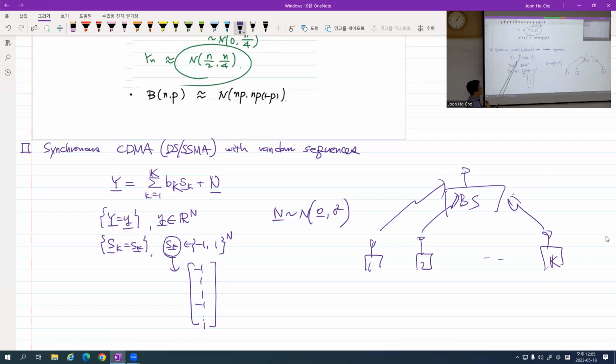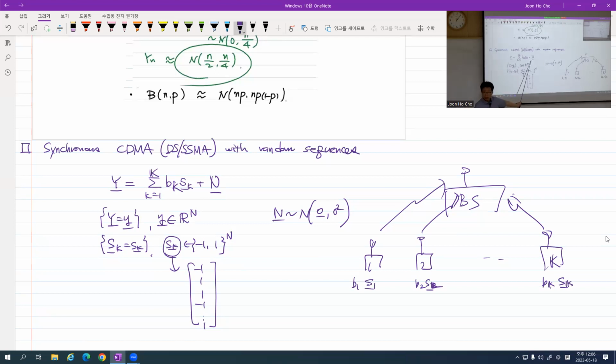And this is mathematically modeled as this equation. The first user uses random sequence s_1 times its bit b_1, and b_2 times s_2, and b_K times s_K. And then they are summed and corrupted by the Gaussian noise.